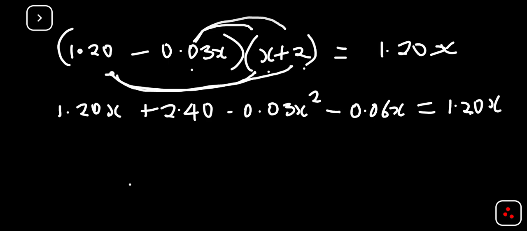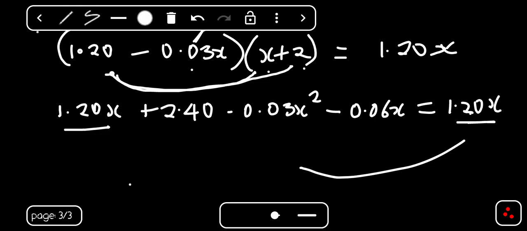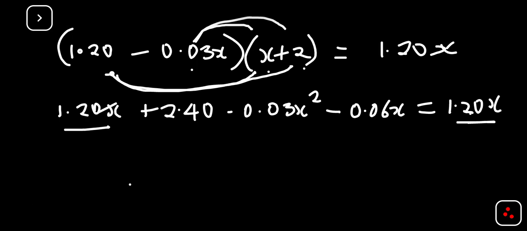You see 1.20x is here, and 1.20x is here on the other side of the equal sign. If we bring this to this side, it becomes negative, so 1.20x minus 1.20x is 0. We cancel it out.